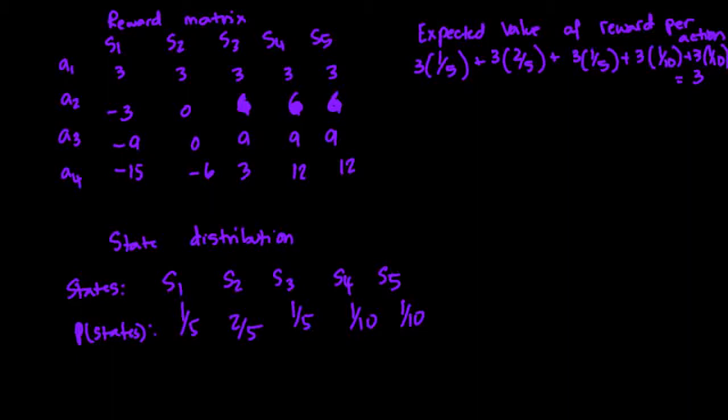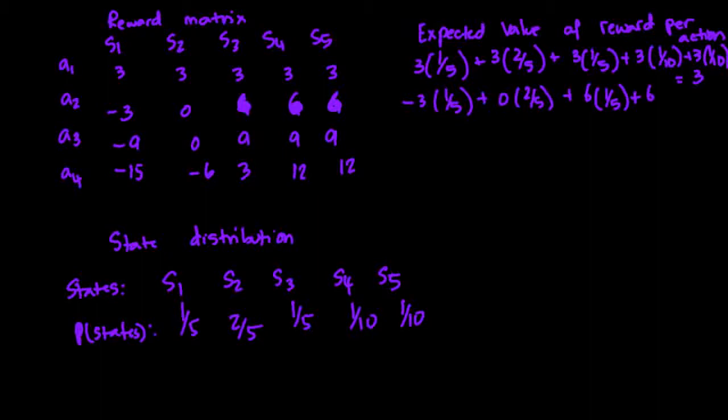For the second action, there are 5 possible rewards, and each of these rewards would happen with that probability. So the first reward of -3 would happen with a probability of 1/5. The second reward would happen with a probability of 2/5. The third reward would happen with a probability of 1/5.